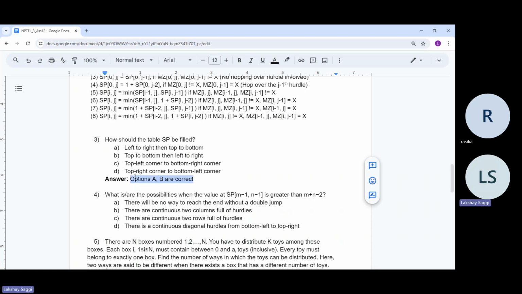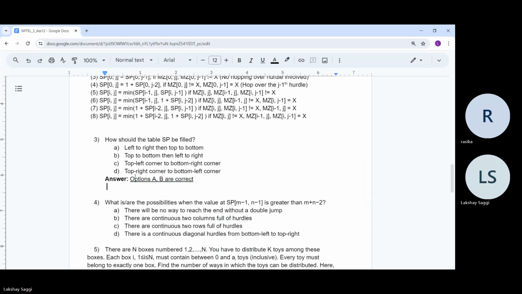And why is this? Maybe I can explain this a bit better. Option A says that we'll fill the first column, then second column, and so on.